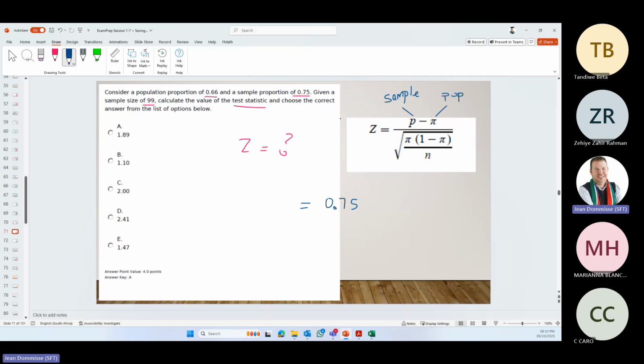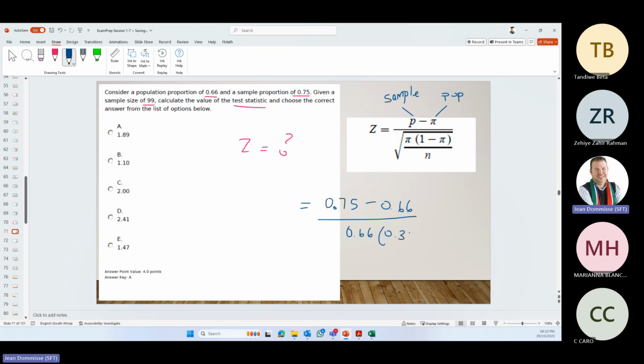If it is the other way around and something creeps in that is negative, that's 0.66. Then we need to look at the bottom: 0.66, 1 minus 0.66, what is that, 0.34.